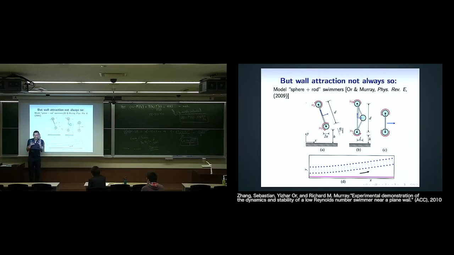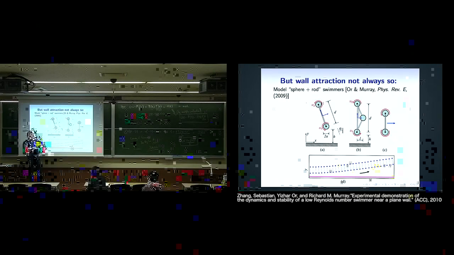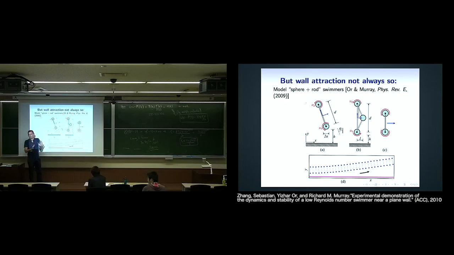To create a flow around it, he specified that this sphere rotated with some angular velocity u1, and this one with some angular velocity u2. And this rod made sure that the whole thing stayed together. Numerically, he solved for the Stokes flow around here, and insisted that the whole structure had no net force and no net torque on it.